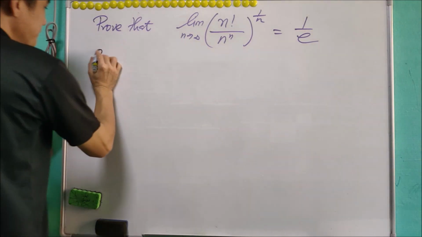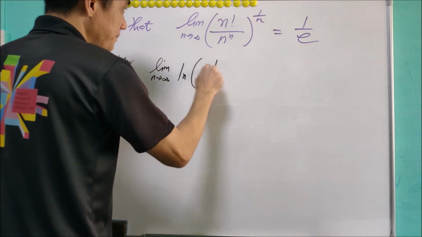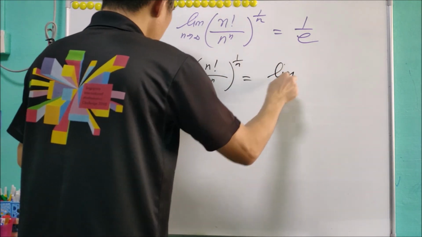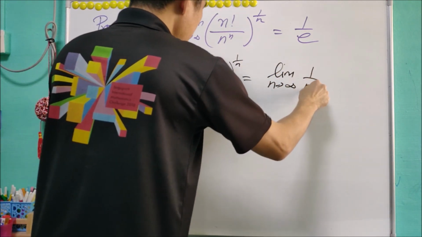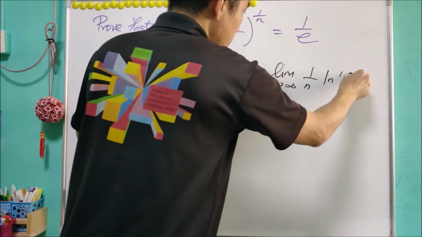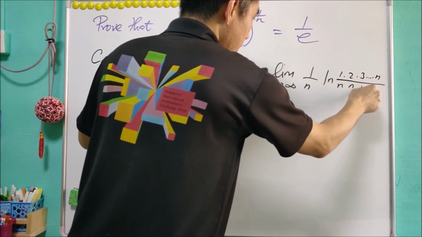First, we consider the log of this term. Since this is a log, it can be written as the limit of 1 over n times log of n factorial over n to the power of n. That is 1, 2, 3, all the way to n, over n.